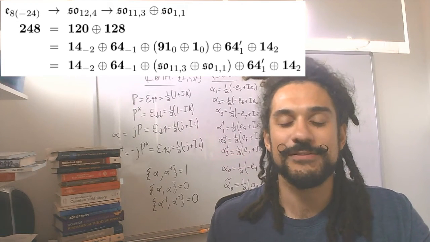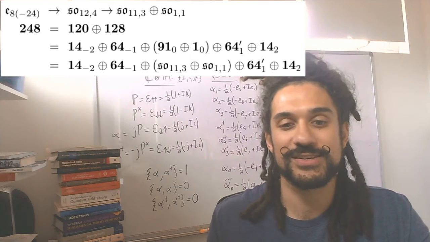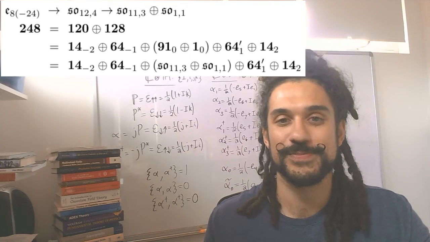These gradings are identified by the SO(1,1) weights of each generator, which is a type of charge.